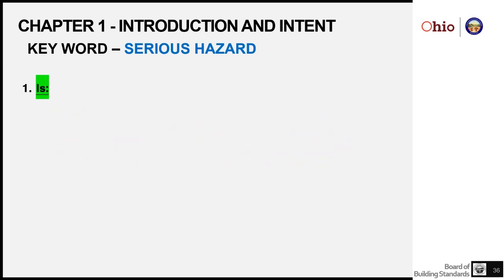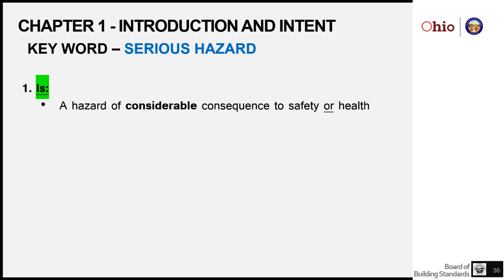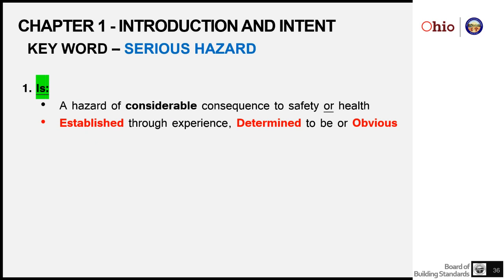So it is of considerable consequence to health or safety. It is established through experience, determined to be or obviously a hazard, and it is judged by the building official, and only the building official. The inspectors are the eyes for the building official out there.